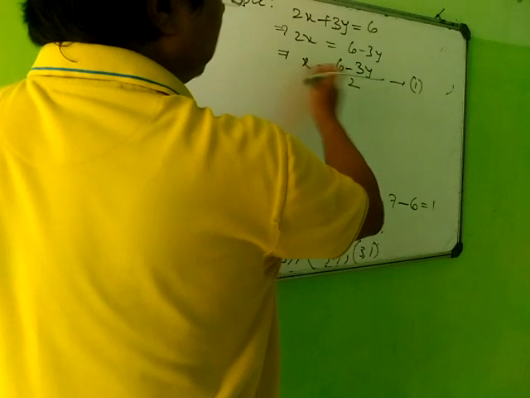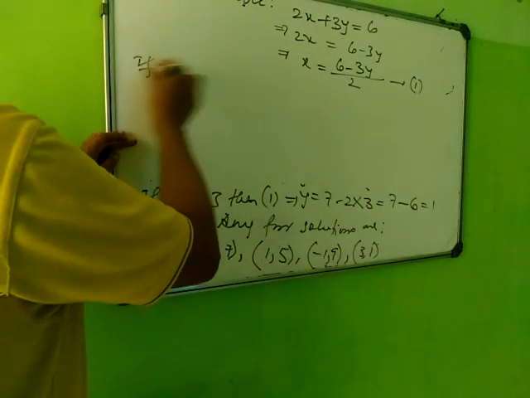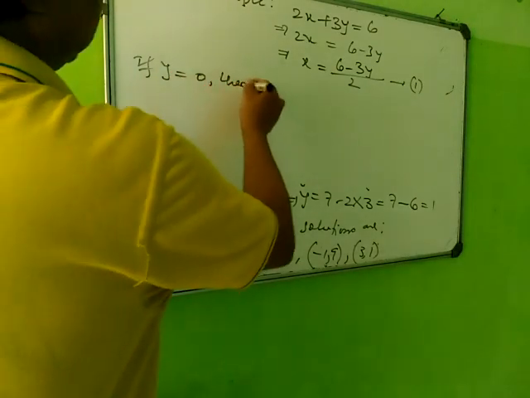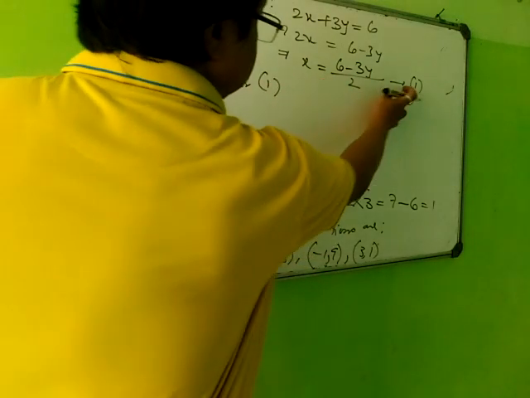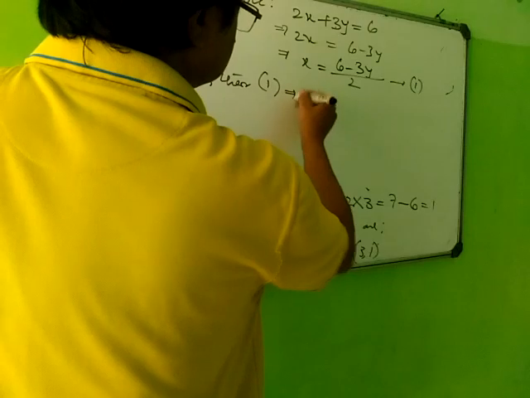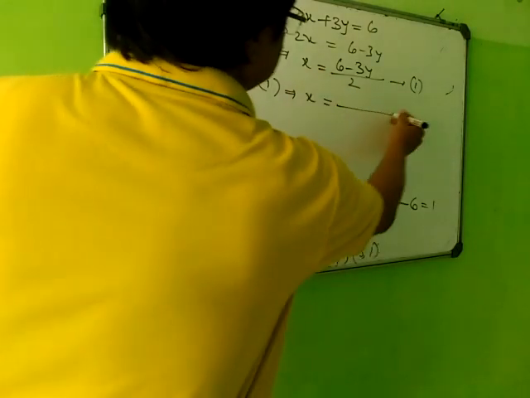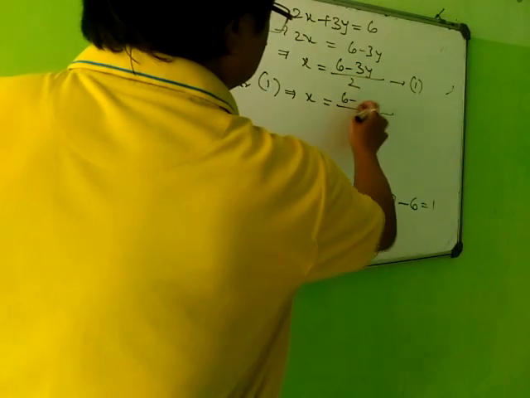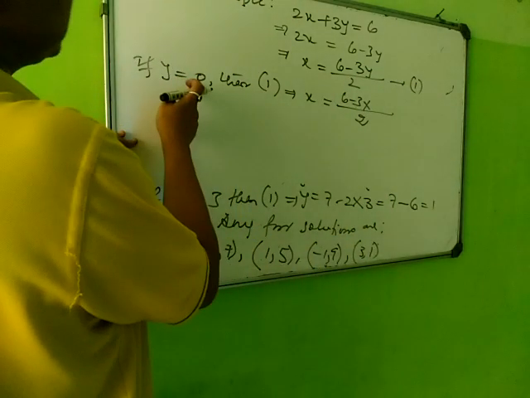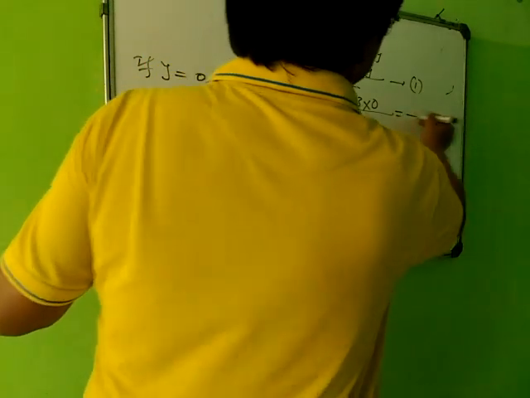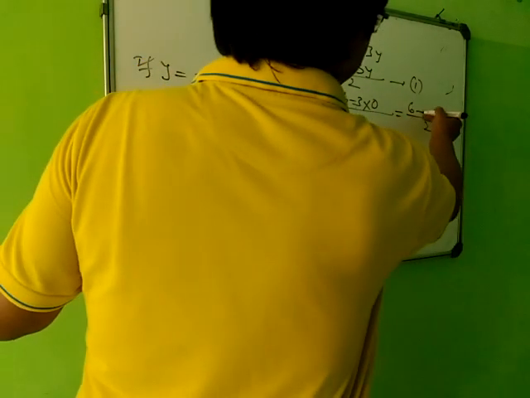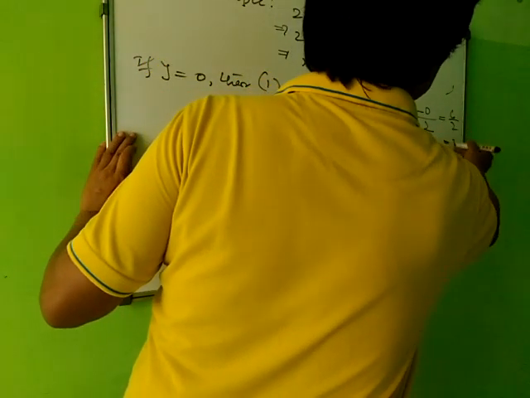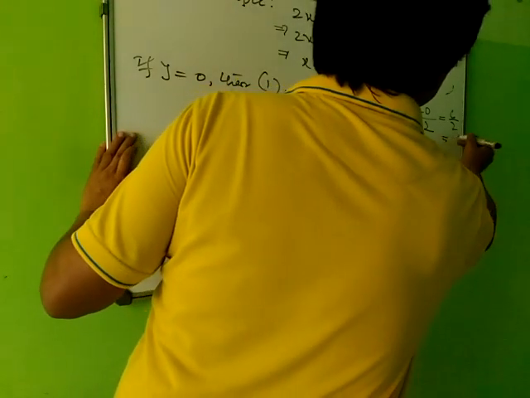If y is 0, then from equation number 1, x equals 6 minus 3 into 0 divided by 2. 3 into 0 is 0, so it equals 6 by 2, and by cancelling you will get 3.